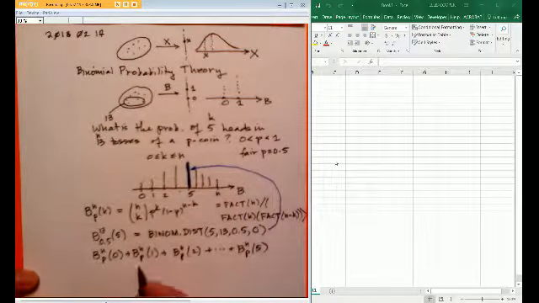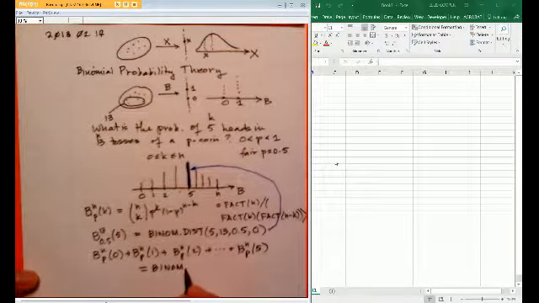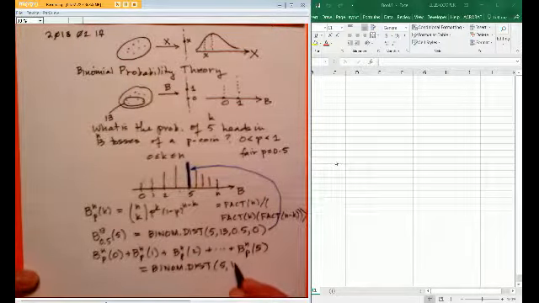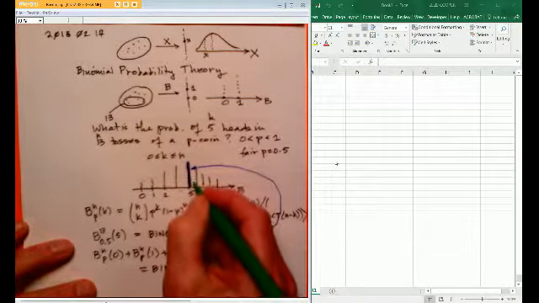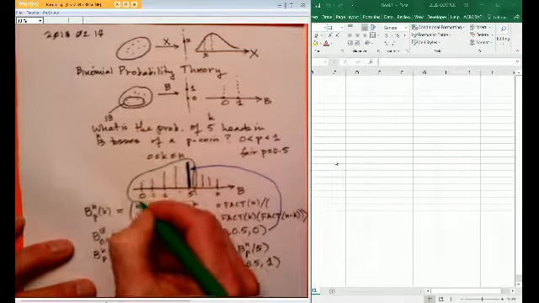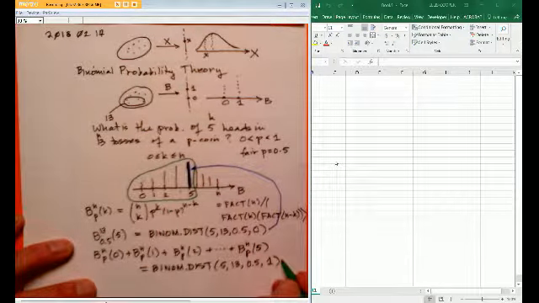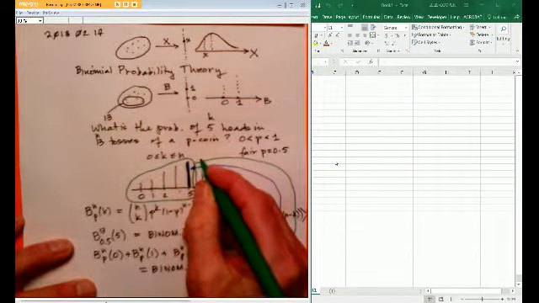Well, in Excel, that would be BINOM.DIST of 5, 13 in this case, 0.5, with a 1 at the right end. So what that stands for is the cumulative probability in green.